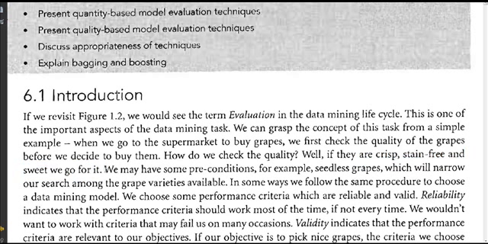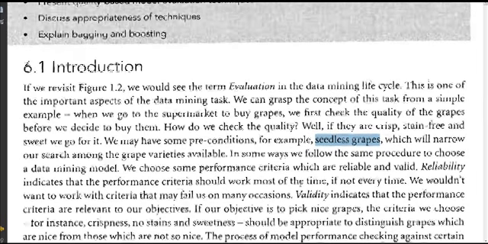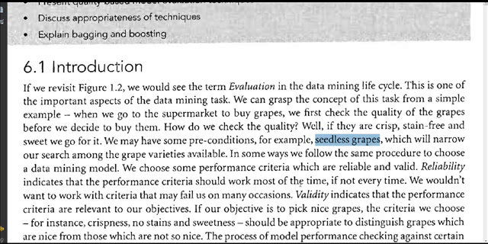We may have some preconditions, for example, seedless grapes, which will narrow our search among the grape varieties available. In some ways, we follow the same procedure to choose a data mining model. We choose some performance criteria which are reliable and valid.